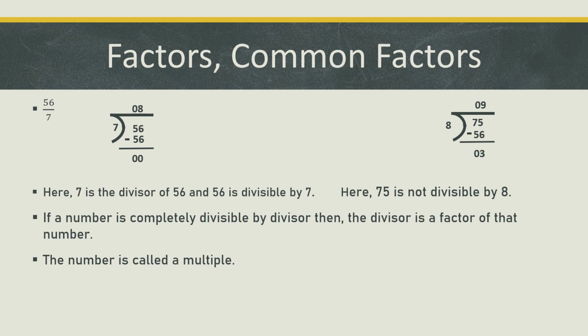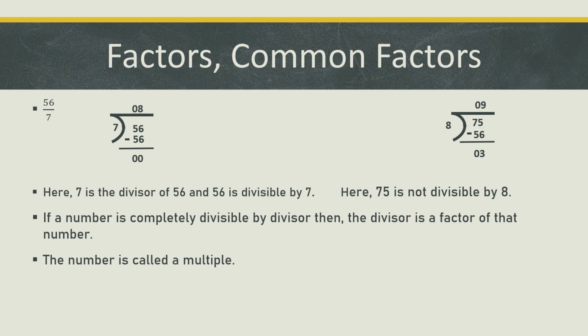Now this is the second example, 75 divided by 8. When you divide 75 by 8, the remainder comes as 3. Hence we could say that this number does not get divided by 8, or I could say 75 is not divisible by 8. So if a number is completely divisible by the divisor, then the divisor is a factor of that number.